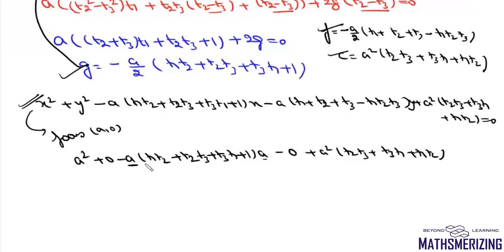Now here a and a will become a square, so t1 t2 will cancel, t2 t3 will also cancel, t3 t1 will also cancel, and then a square will cancel with a square, so eventually it will become 0. So that means this circle will pass through focus of this parabola.